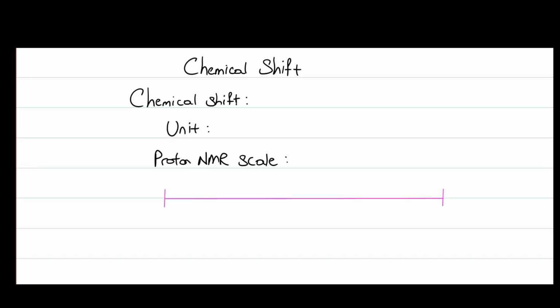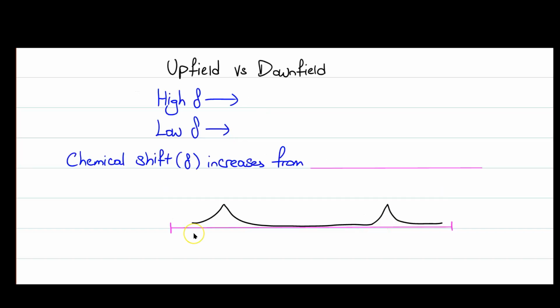The horizontal axis of the spectrum is called the chemical shift. It is represented by the symbol delta and measured in parts per million, or ppm. The typical proton NMR scale runs from 0 to 12. A signal further to the left has a larger chemical shift and is described as downfield.